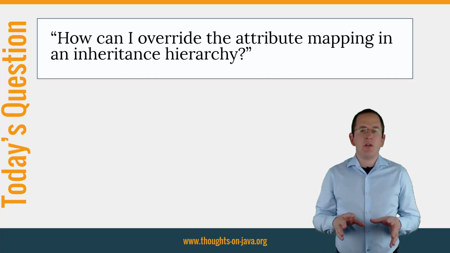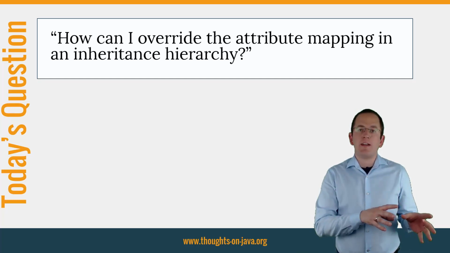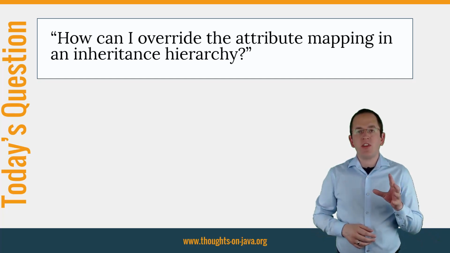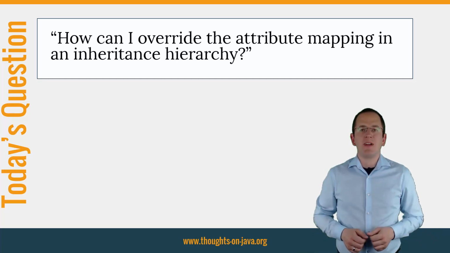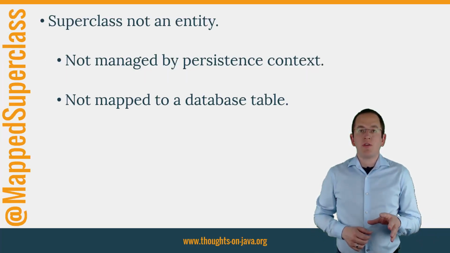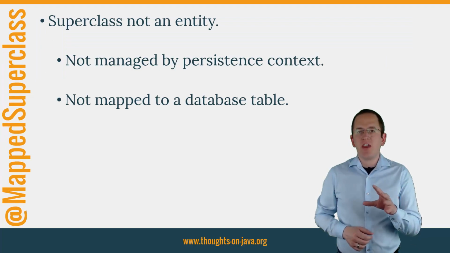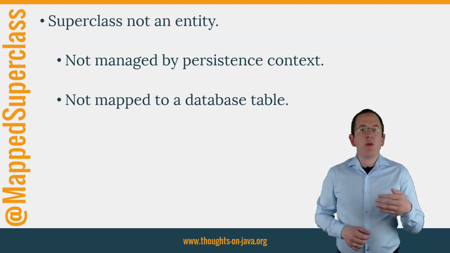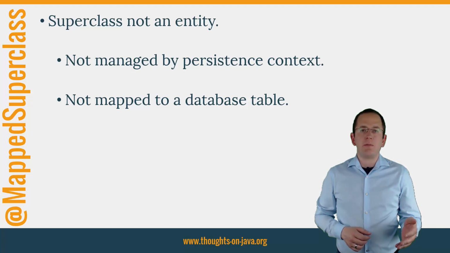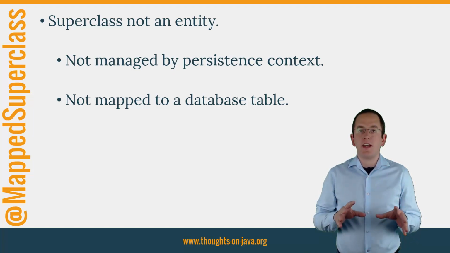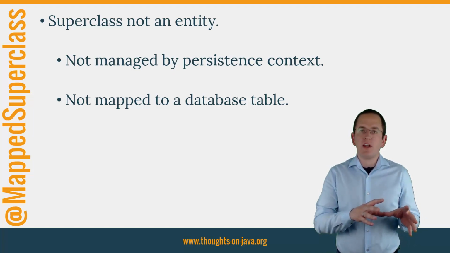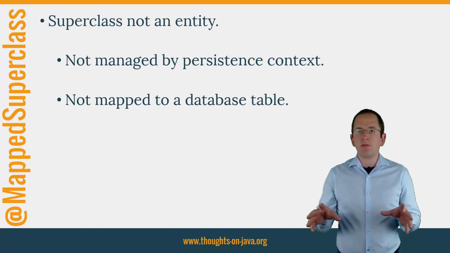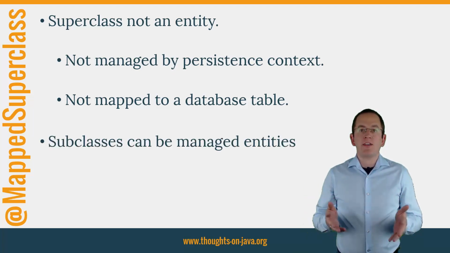But let's start at the beginning and take a quick look at an inheritance mapping that uses the mapped superclass strategy. This approach enables you to define shared attributes and their mappings on a superclass without making the superclass an entity. So the superclass doesn't get managed by your persistence context and is not mapped to a database table. But all of its subclasses can be managed entities which get mapped to their own database tables.